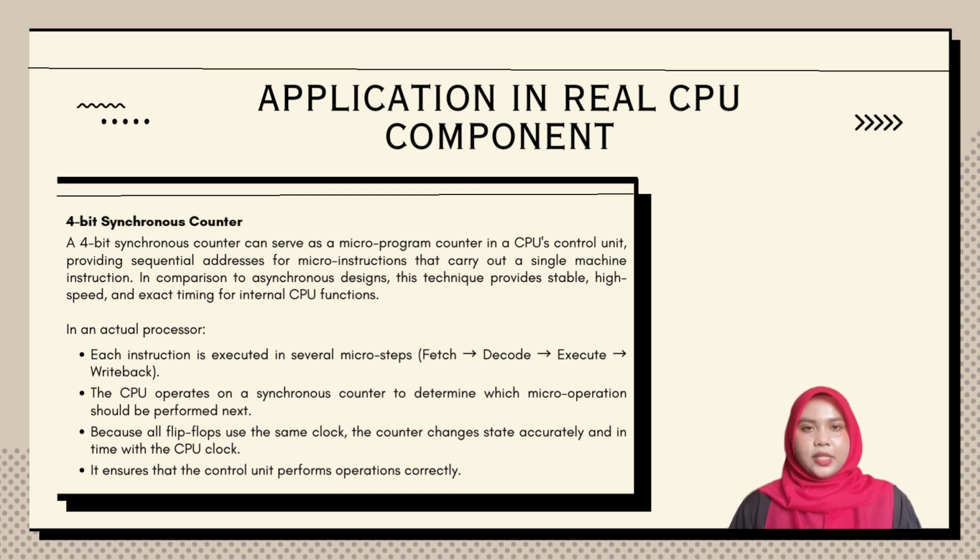In an actual processor, each instruction is executed in several micro steps, from fetch to decode, to execute, and to write back. Next, the CPU operates on a synchronous counter to determine which micro operation should be performed next. Because all flip-flops use the same clock, the counter changes state accurately and in time with the CPU clock. The 4-bit synchronous counter also ensures that the control unit performs operations correctly.